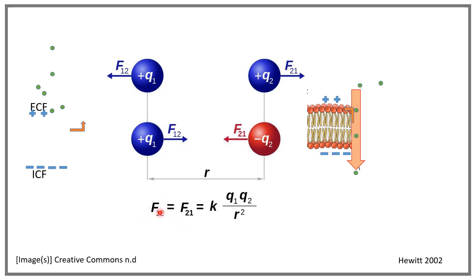So this is capital F for a force, and if the charges are the same polarity, so two positive charges, for example, two sodium ions, those are going to induce a force to get away from each other. If the charges are positive and negative or opposite each other, those are going to be drawn towards each other. So two negatives would want to get away from each other, and opposites would attract.